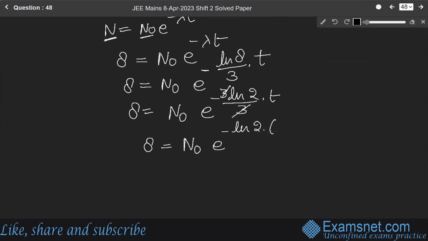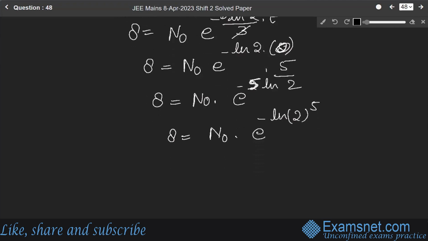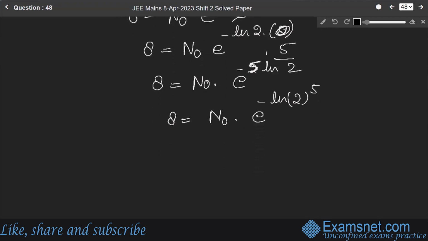T is 5, so we can write it as n naught e to the power minus of 5 ln 2. So 8 equals n naught e to the power minus of ln 2 raised to the power 5, because whatever is multiplied with a log simply goes to the power.